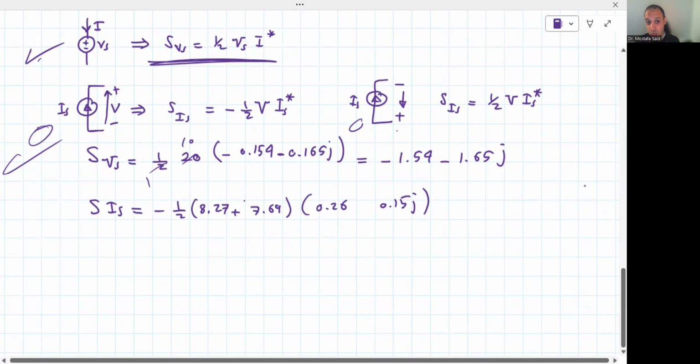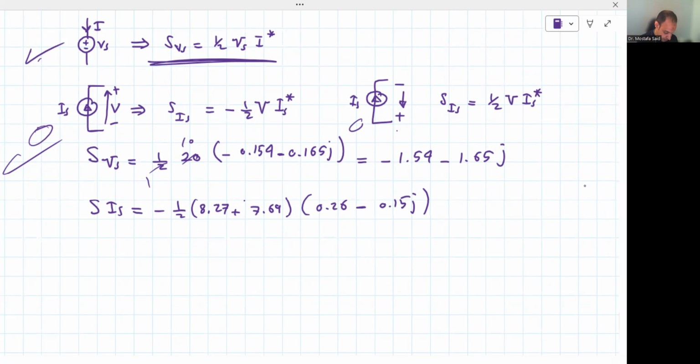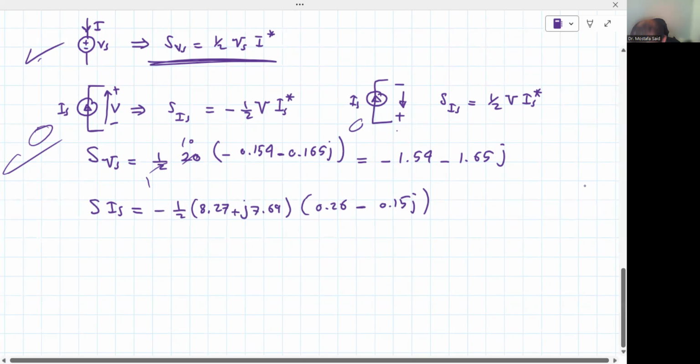Both were positive, but now we need I conjugate, so we flip the sign of the imaginary part. Here is J, and if you do this multiplication, this will be minus 1.65 minus 0.38j.